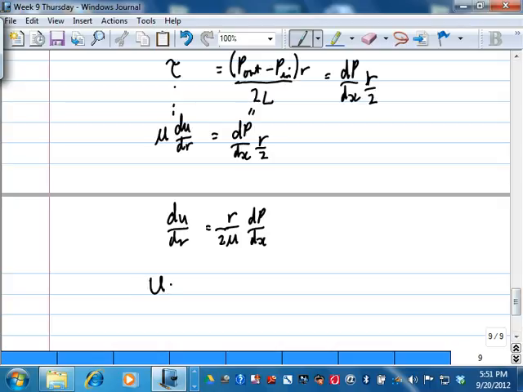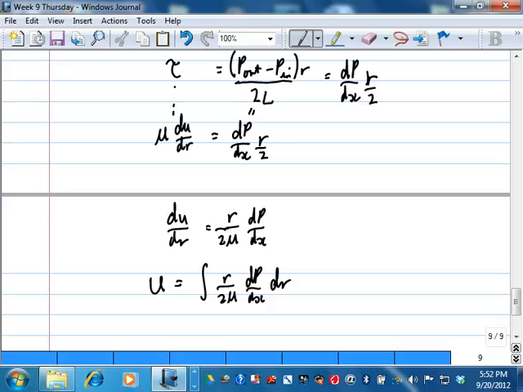U is the integral of R over 2 mu dP on dx dr. We integrate this over R. This is only a function of x, dP dx, so as far as R is concerned, it's a constant. Actually, all the constants you can take outside.